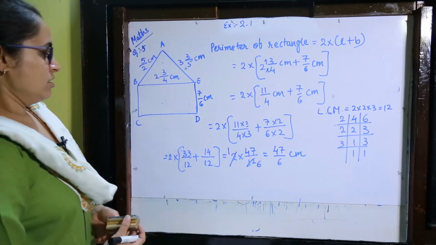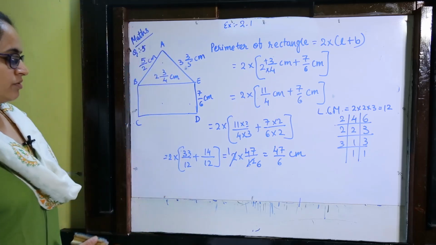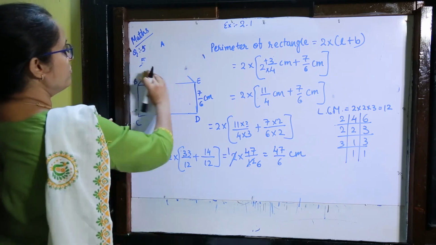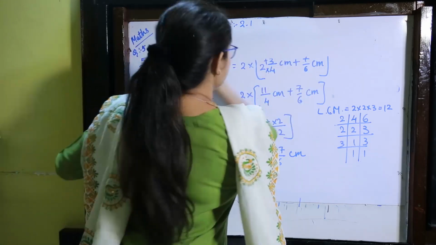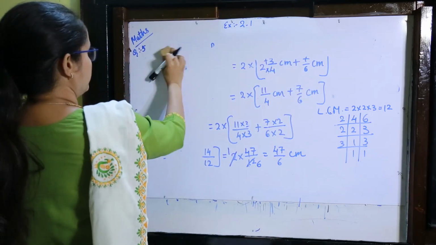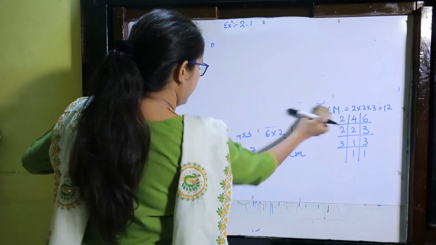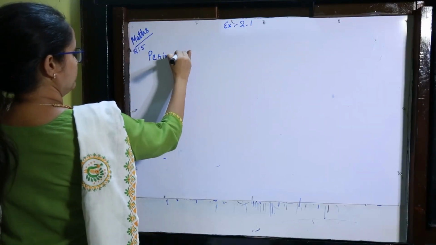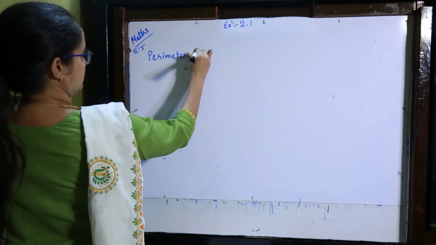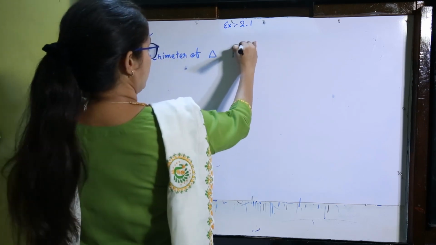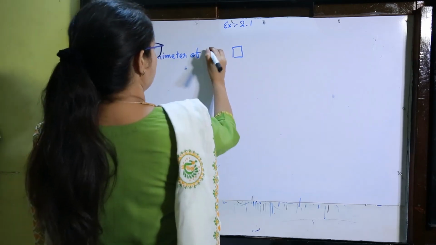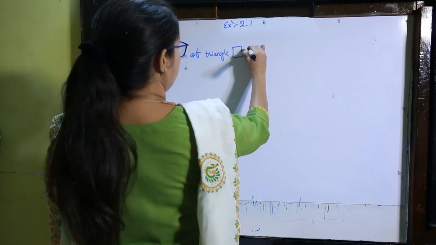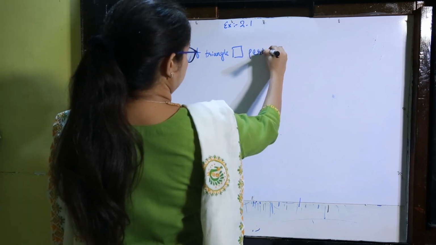Now we need to compare. I will give you 2 minutes time to write this down. Now if you are comparing perimeters of both the figures, perimeter of a triangle and perimeter of a rectangle.